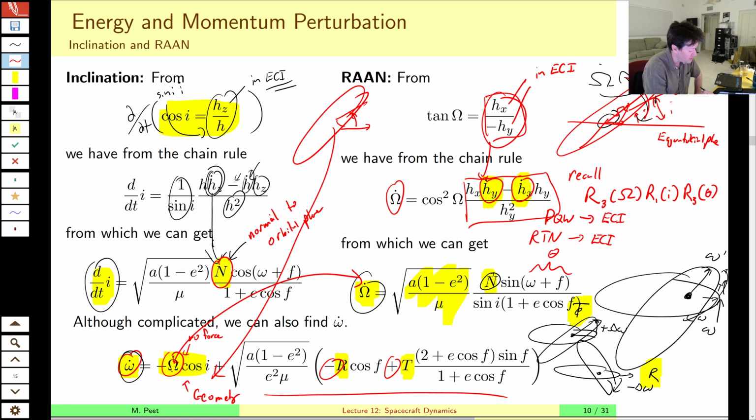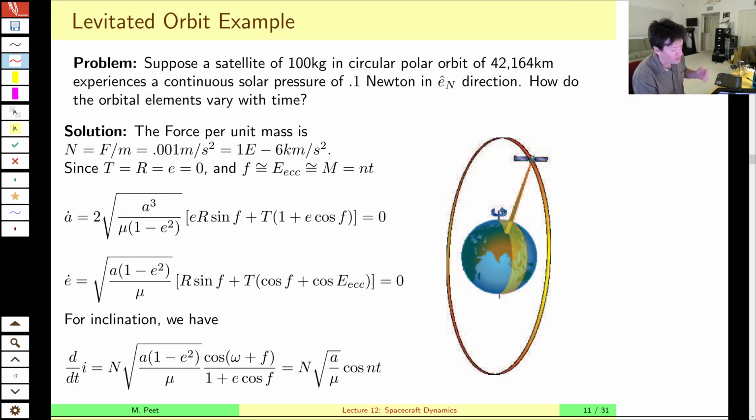Changes in the right ascension move it backwards. And then normal components will change I and omega. So that's all. That's the dry part. Well, the rest is kind of dry too, but now we've covered the dry bit, and we get a little bit juicier.